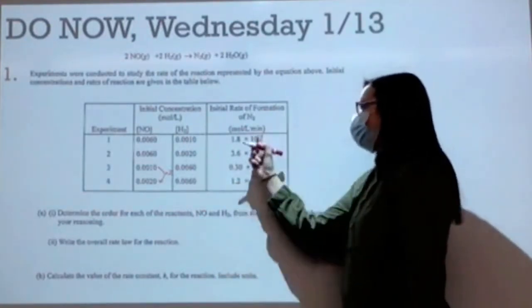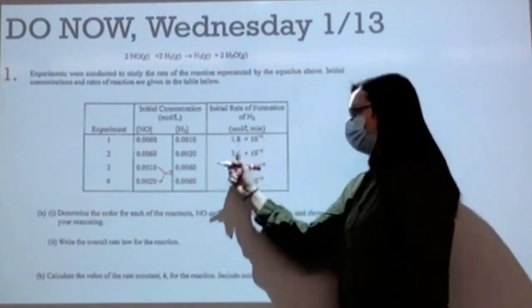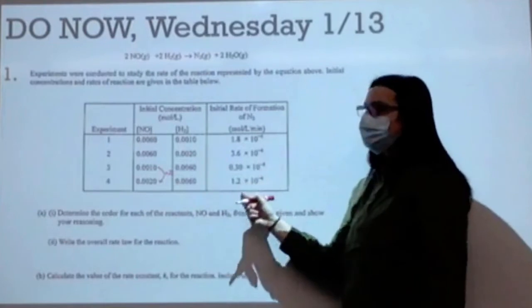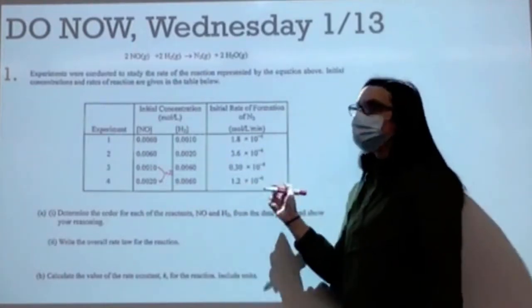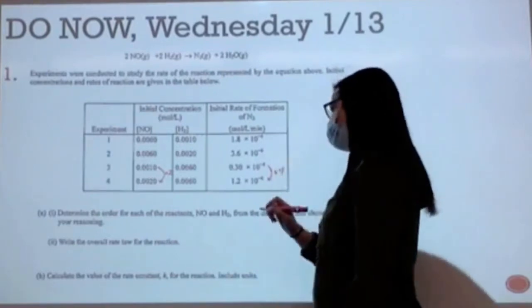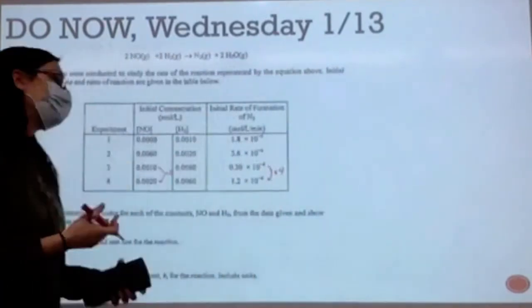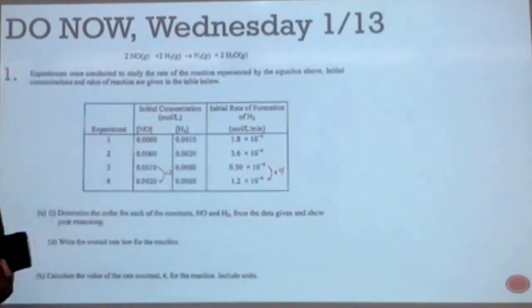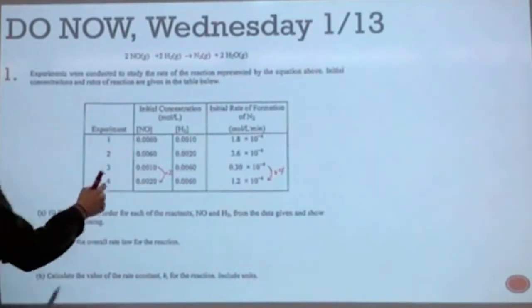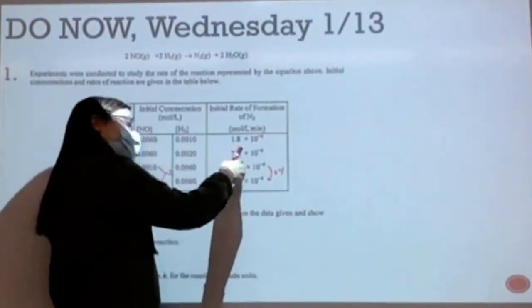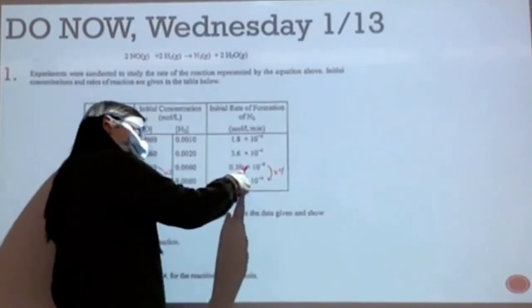So they gave everything times 10 to the negative fourth, so we can just focus on the numbers in front. So from 0.3 to 1.2, that's times 4. Now if you're like, okay, well, what if I can't do that in my head? Well, then put it in your calculator. You can do 1.2 divided by 0.3, and that would give you 4. So as the concentration of NO doubles, the rate quadruples.